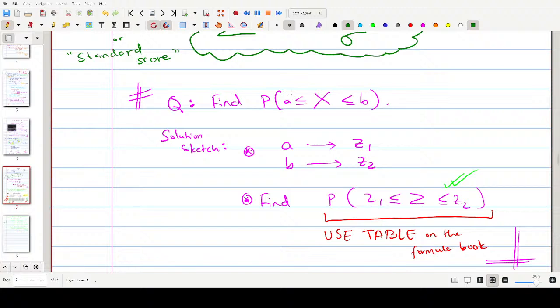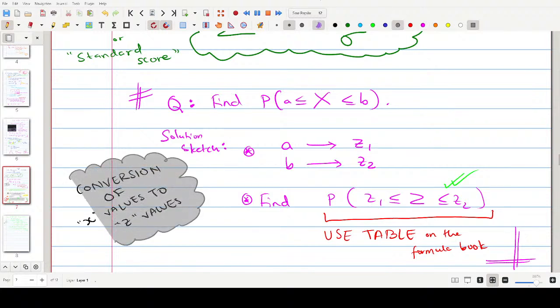So in this entire process on the screen, we are converting x values to z values.